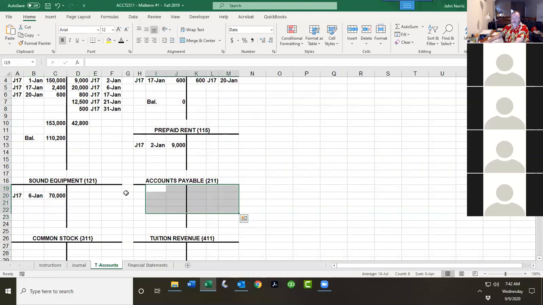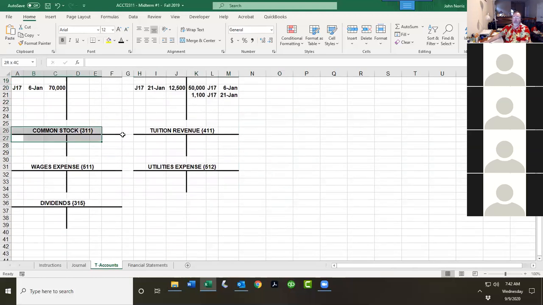Accounts payable has the two entries, the initial $50,000 for this balance of the sound equipment, the payment of $12,500, and then the $1,100 for the utilities expense.